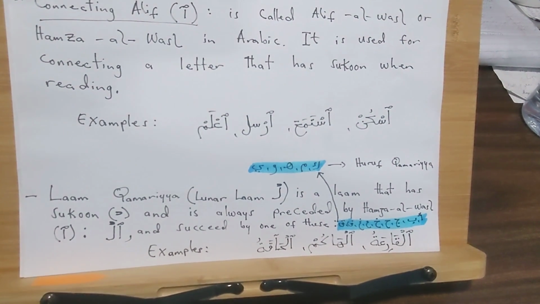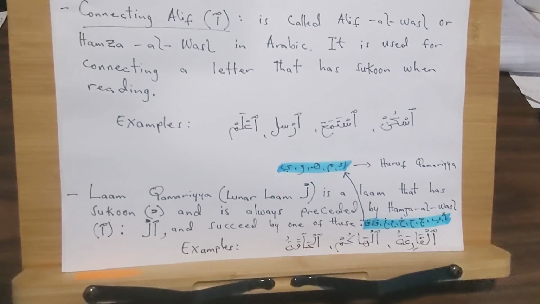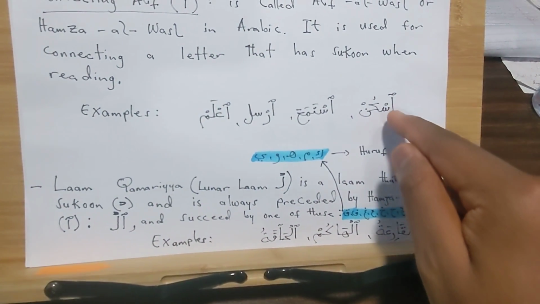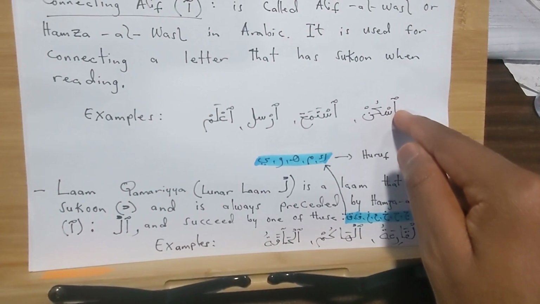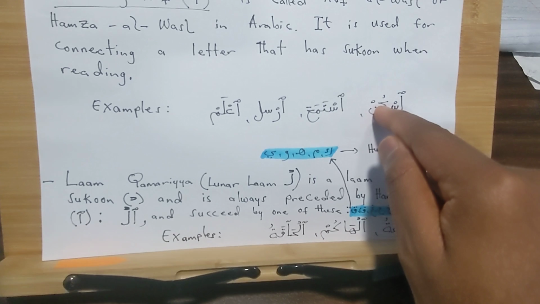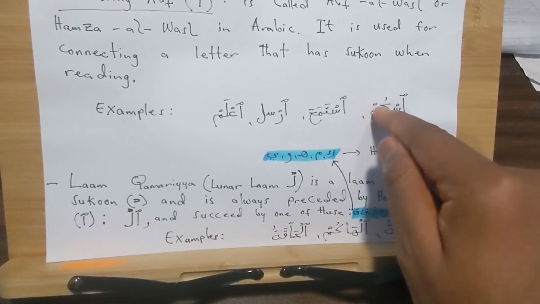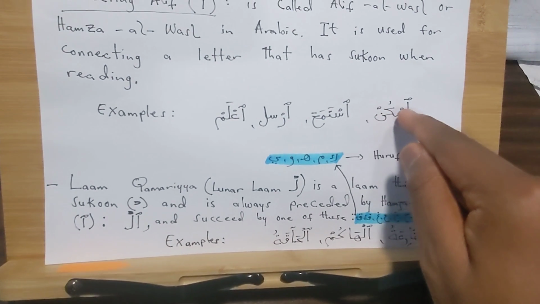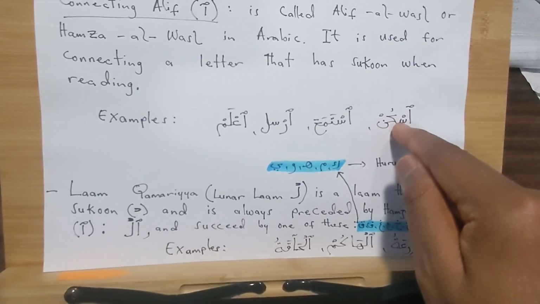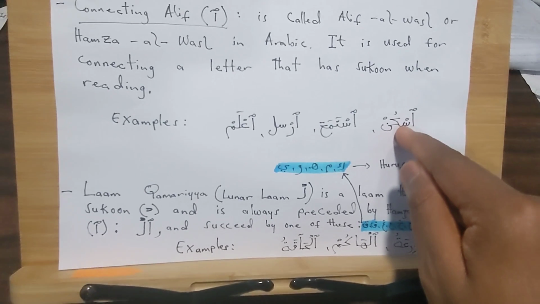And we give the examples here. Here you see the Hamzatul Wasl, the connecting alif. Here is uskun. This Hamzatul Wasl is used to connect this letter that has a sukoon, the sin.